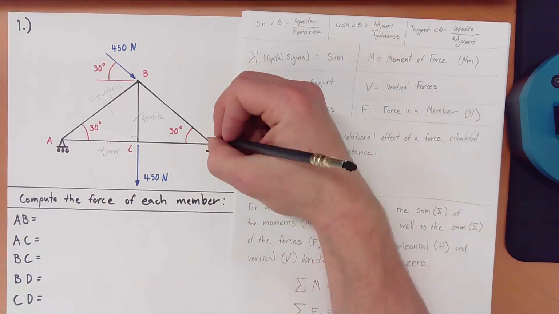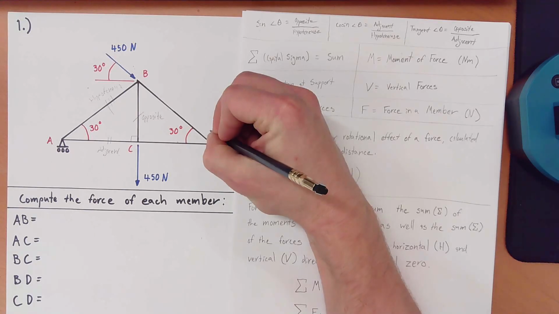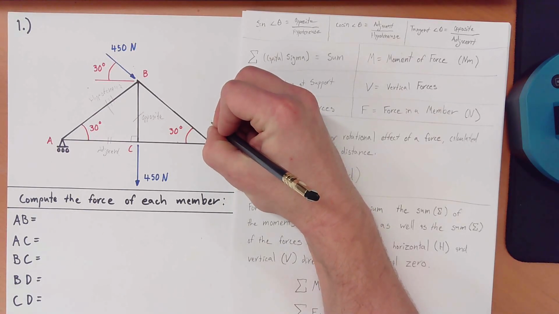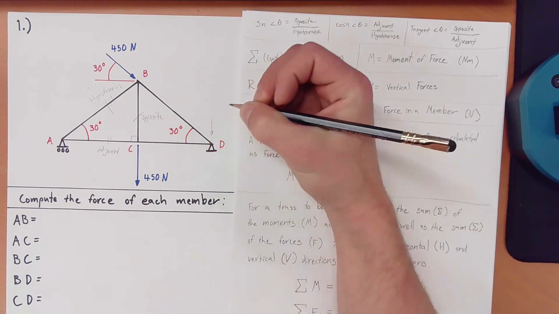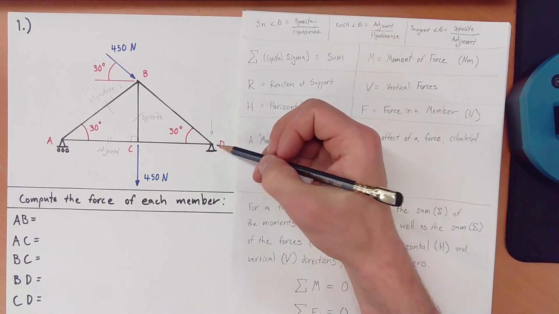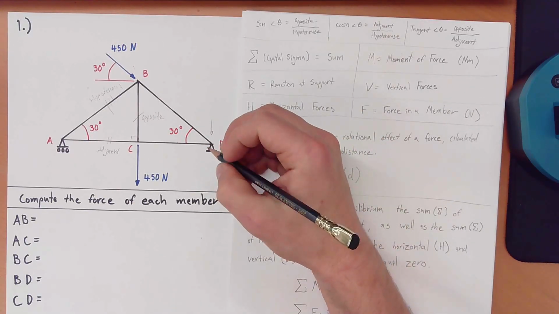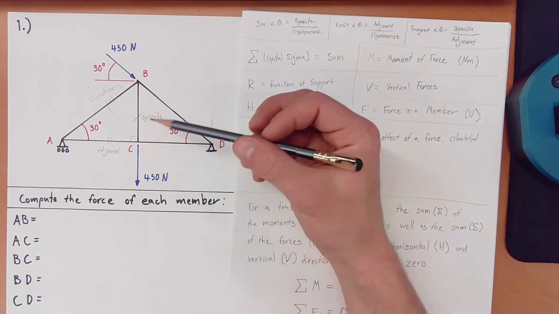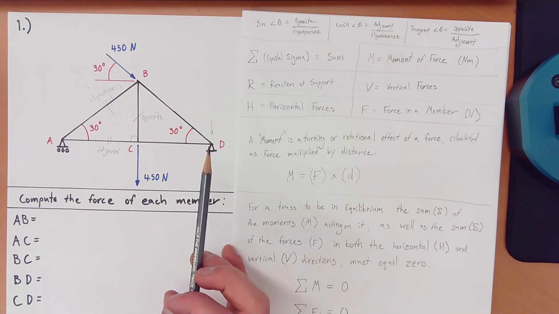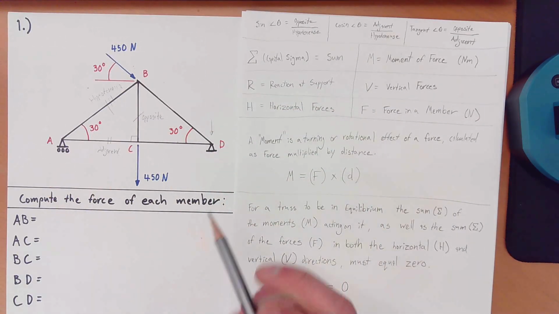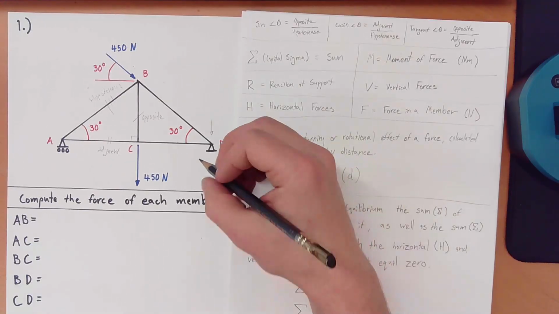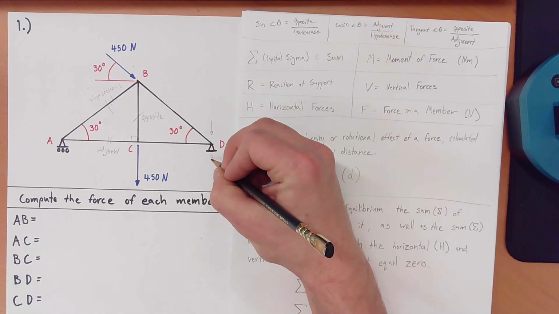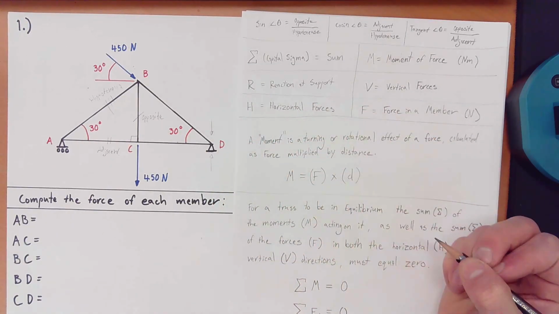So in every truss that we're calculating, we're going to have a force acting downwards, and wherever the truss is supported, so for example, we have 450 newtons acting downwards, split across two different supports. So if we have a force acting downwards, we have a reactionary force acting upwards.